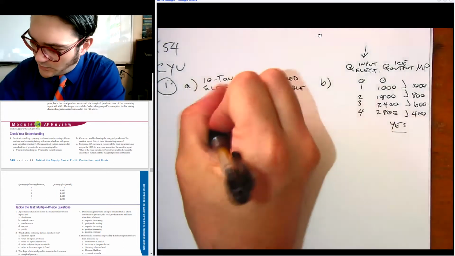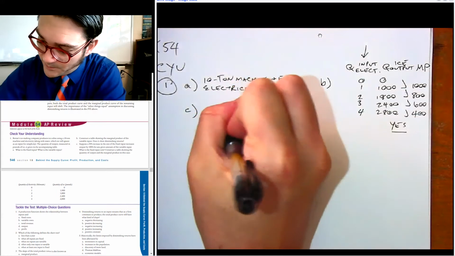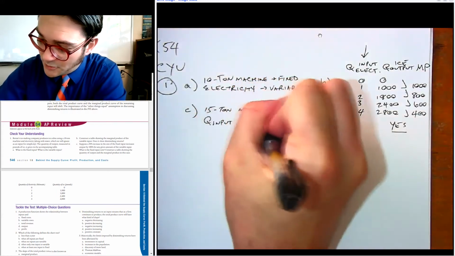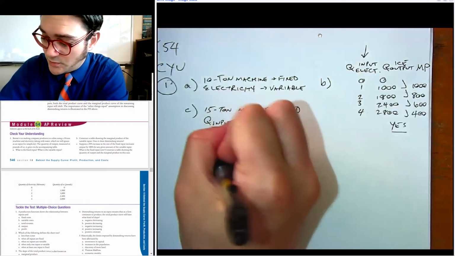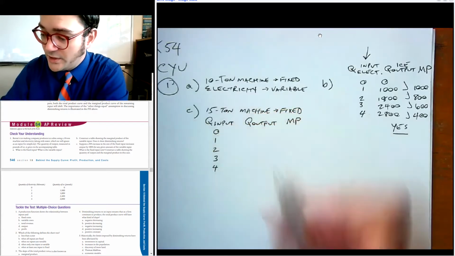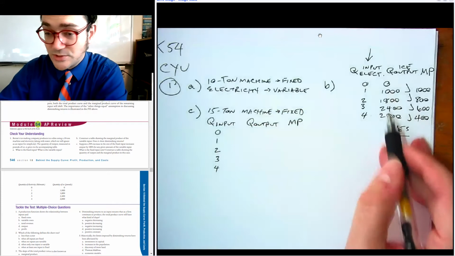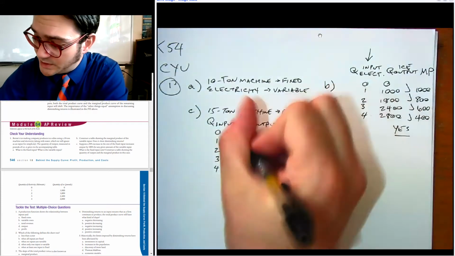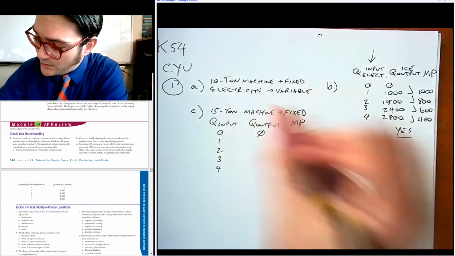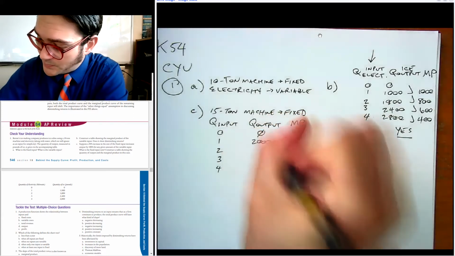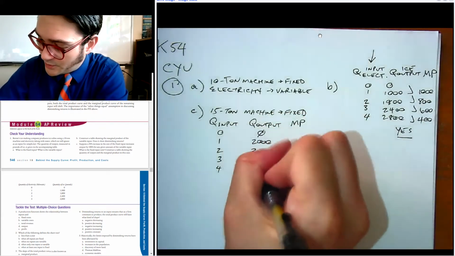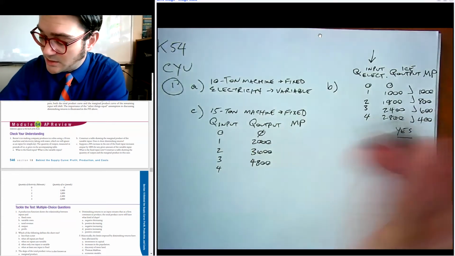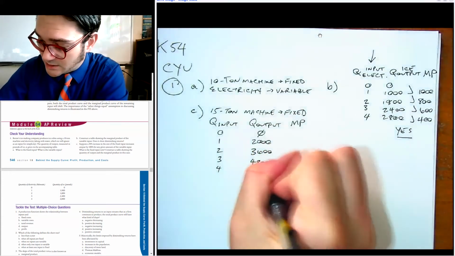So we'll do quantity of input, quantity of output, and marginal product. So 0, 1, 2, 3, 4. And quantity of output, now these numbers are going to be doubled because it's a 100% increase. Double of nothing is nothing. 2,000, 3,600, 4,800. Again, I'm just doubling these numbers, and 5,600.